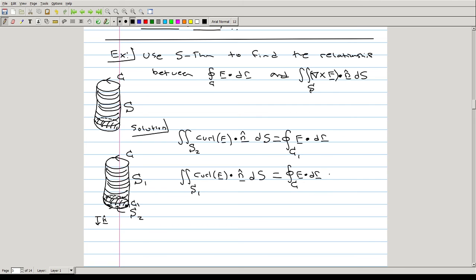So we have that this also has to be then added to this, the circulation around the bottom bounding curve. And you have to think about what the correct orientation for this bottom bounding curve could be.